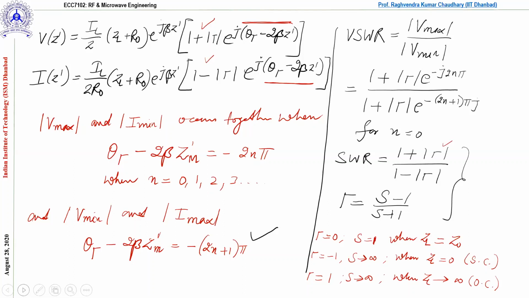Now based on these things, let us find out some of the relations. We'll start with the trivial one and then jump over to the practical one. So now we'll consider the resistive load termination only.